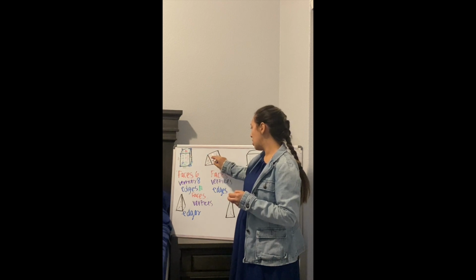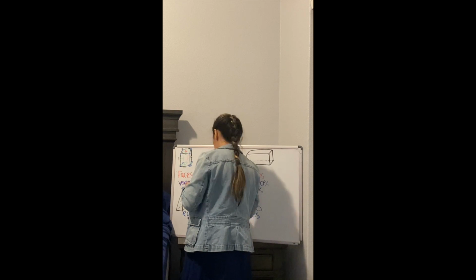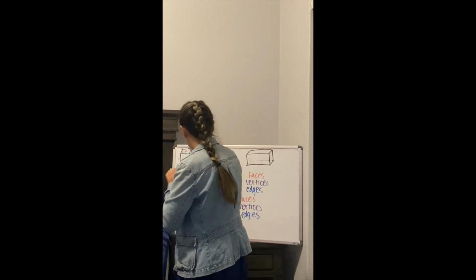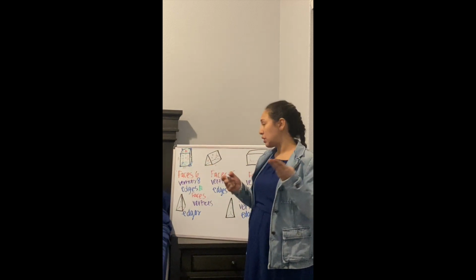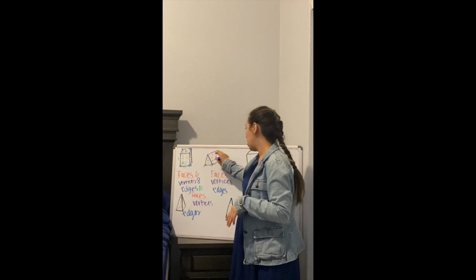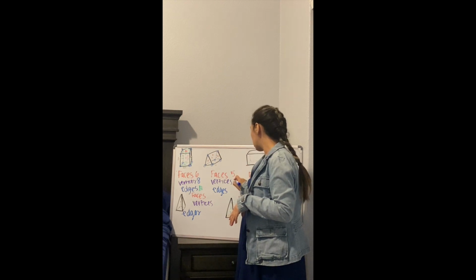So 1, 2, 3, 4, 5. 5 faces. And now let's do the vertices. The vertices we said were where the 3 points come together on our shape. So 1, 2, 3, 4, 5, and then 6. So 6 vertices on our triangular prism.